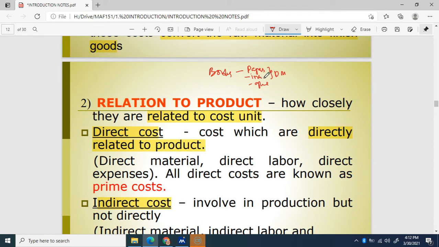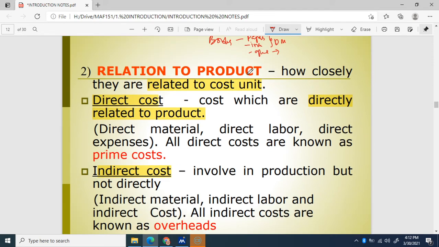Ink: one bottle of ink is about 5 ringgit. One book needs one bottle, so one book is 5 ringgit of ink, and two books is 10 ringgit. So you can trace directly. How about glue? Glue is also material, but you cannot trace directly because the value is very small.